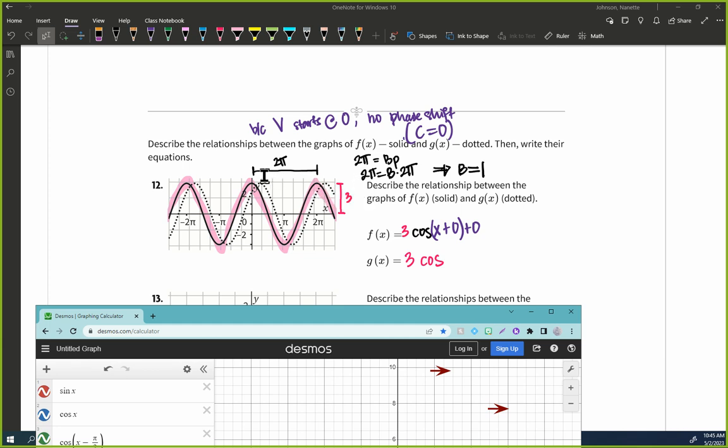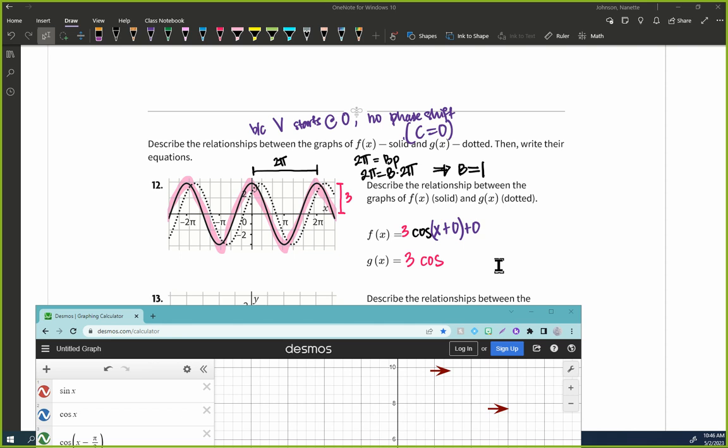So if this is pi, these are numbers, 1, 2, 3. There's a shift of C here, but I don't know exactly what it is. Do you guys all see? They're not giving it to you exactly. They're just asking you to describe the relationship between them. So this one is shifted over a certain amount.